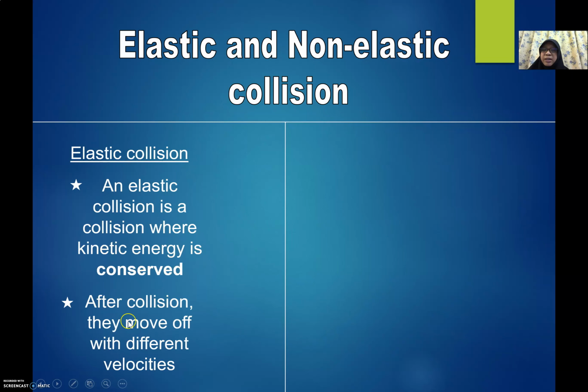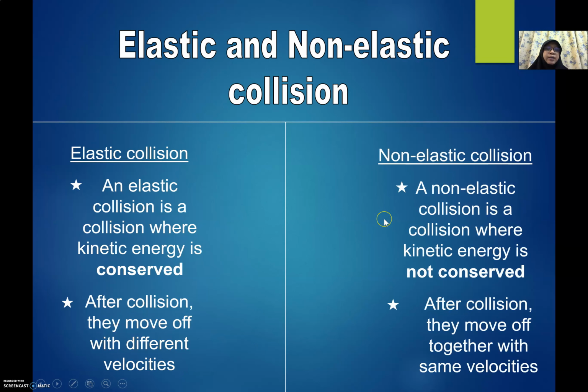After the collision, they move off with different velocities. A non-elastic collision is a collision where kinetic energy is not conserved. After the collision, they move off together with the same velocity.